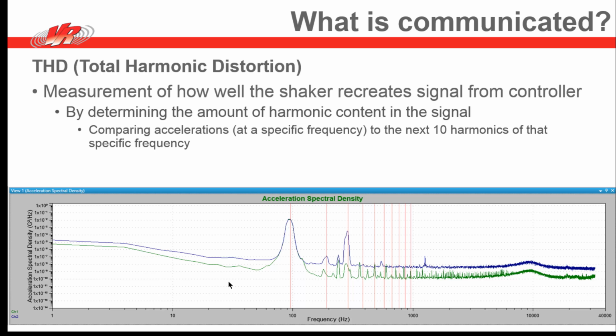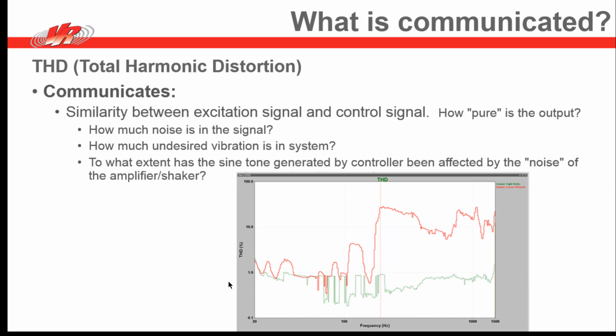So total harmonic distortion is a tool that's going to be helpful in comparing the control signal and the excitation signal. In other words, how pure is the output? Other ways to ask that question would be to say how much noise is in your signal, or how much undesired vibration is in the system, or to what extent has the sine tone generated by the controller been affected by the noise of the amplifier and the shaker.